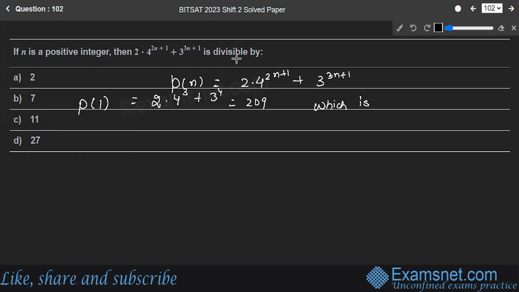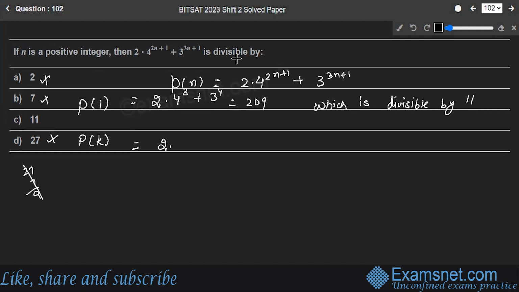See, this is not divisible by 2. This is not divisible by 7. This is not divisible by 27 either. Wait, let's check. Yeah, it's not divisible by 27 either, and it is divisible by 11, right, because it is not divisible by 2, 7 and 27. So further, let's say Pk.